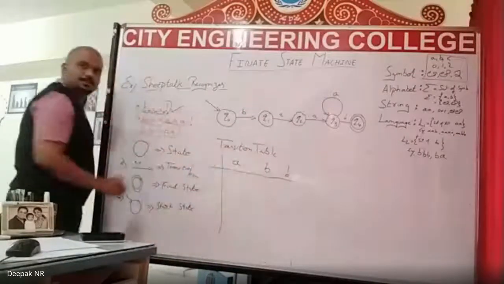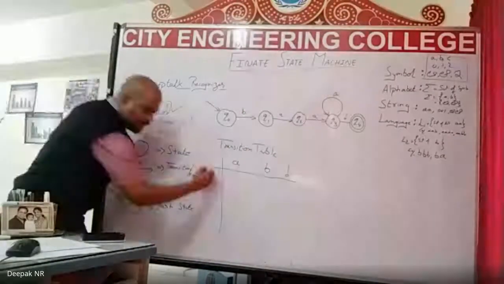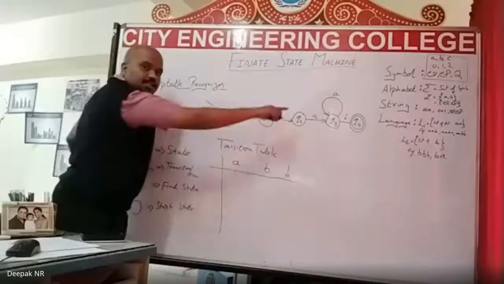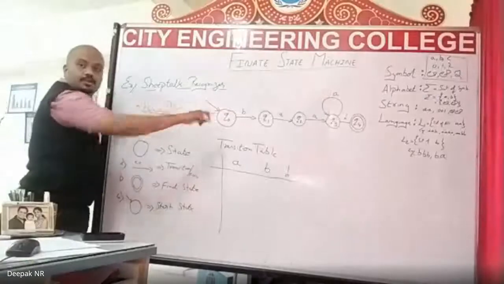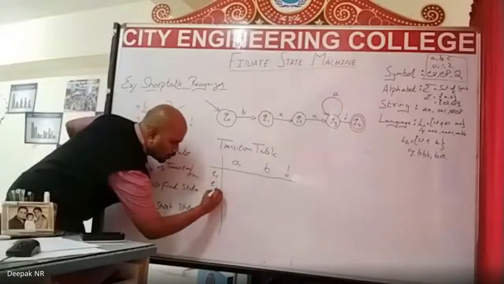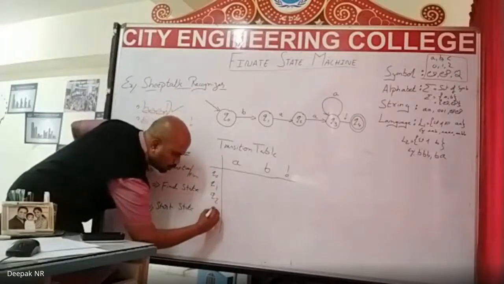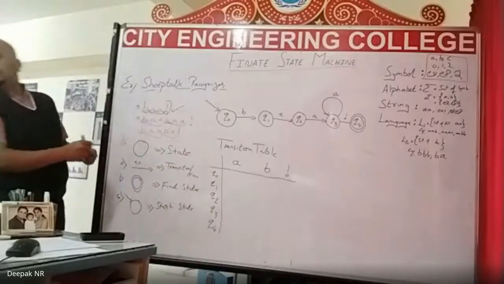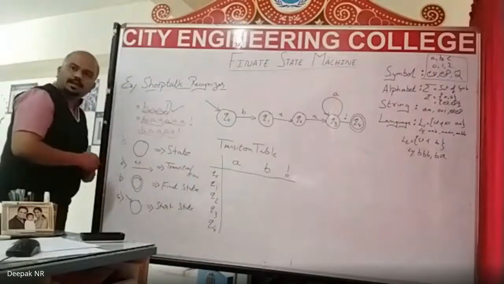Clear? There are three symbols used. Here I start listing the states. How many states are there in my machine? There are 5 states. I write Q0, Q1, Q2, Q3 and Q4.